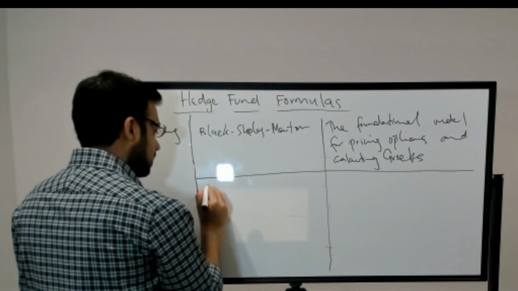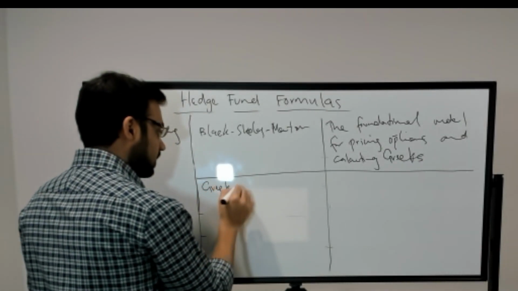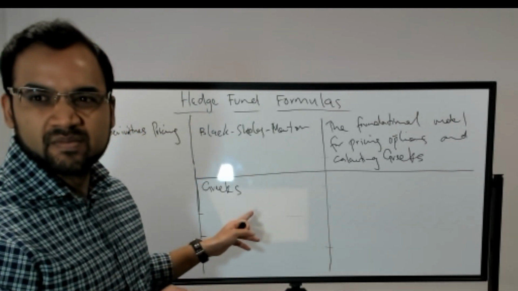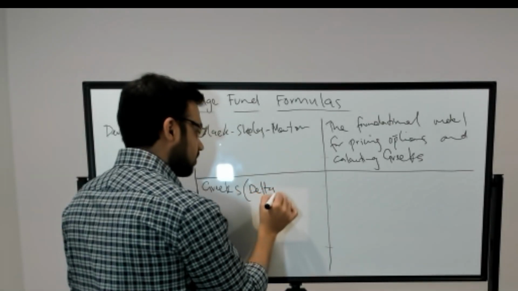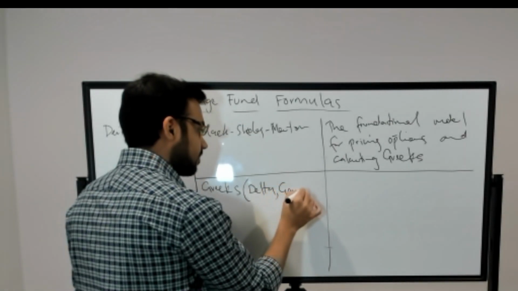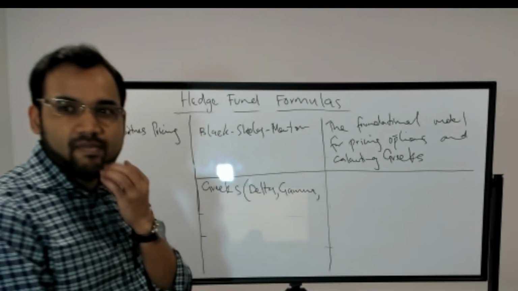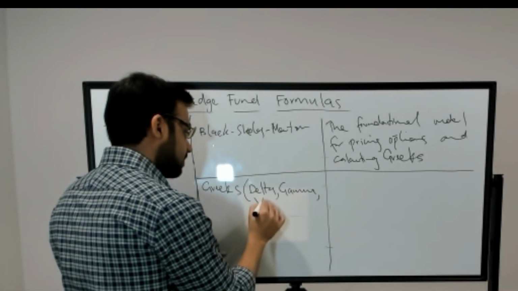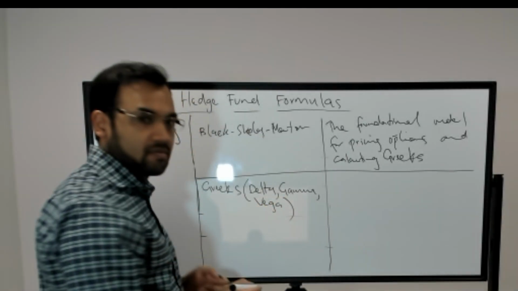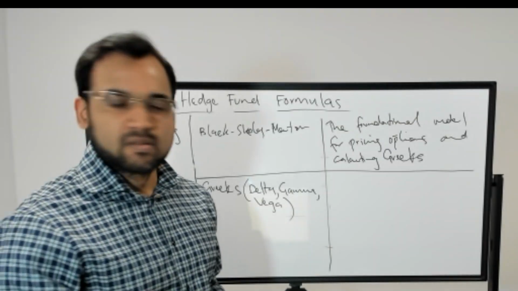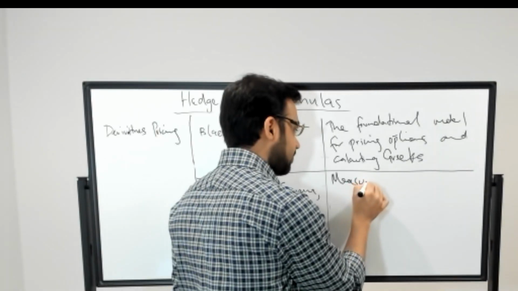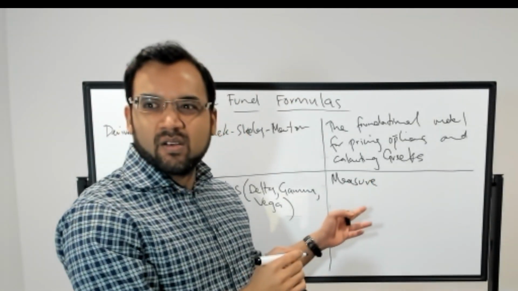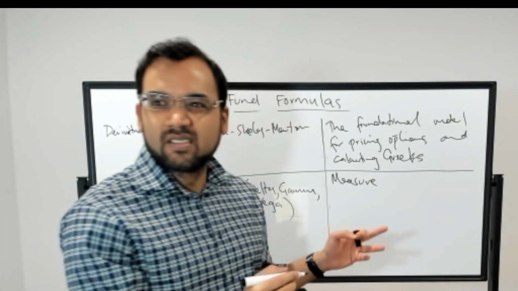Next one would be Greeks: delta, gamma, and vega. These Greeks basically measure options price sensitivity.